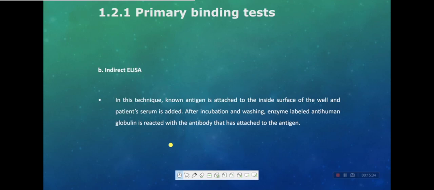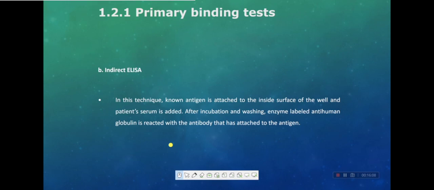So talking about the indirect ELISA, what is indirect ELISA? In the indirect ELISA technique, a known antigen is attached to the inside surface of the well, and patient serum is added to it. After incubation and washing, the enzyme labeled anti-human globulin is reacted with the antibody which is attached to the antigen. The uncombined labeled enzyme is washed from the well, and a substrate is then added.